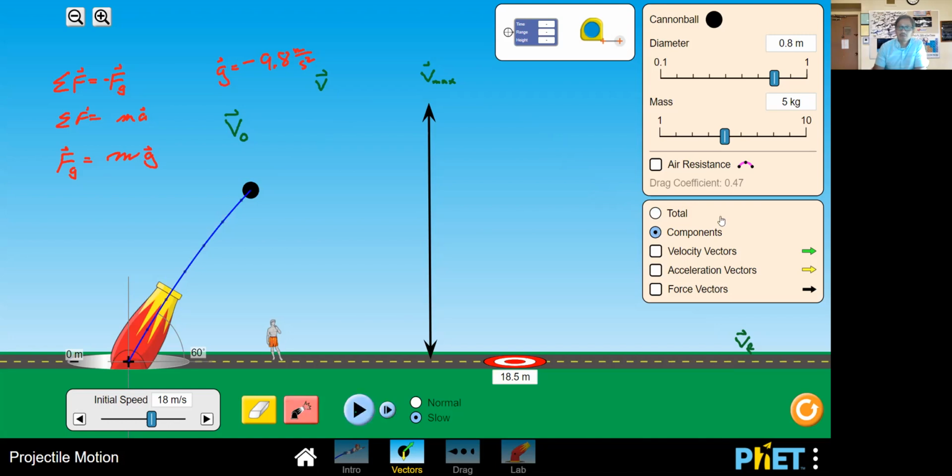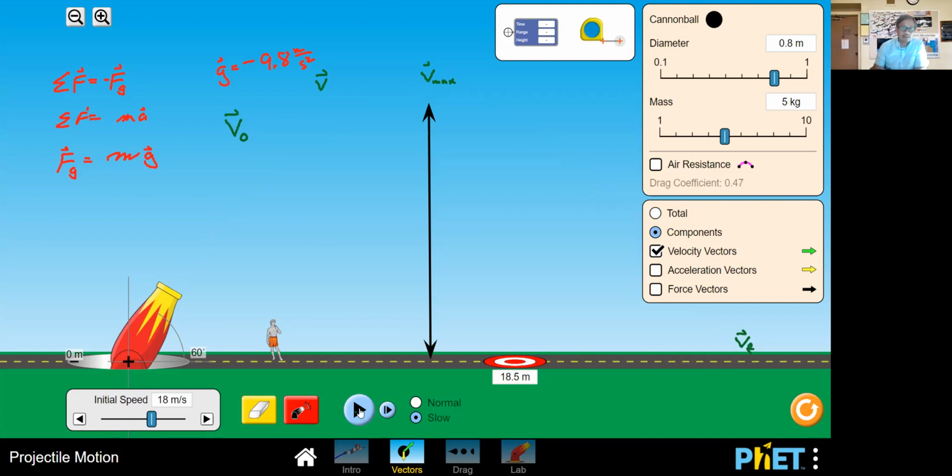Oh, what happened to our components? Oh, yeah, I'm sorry, there it is. Let me start that again. So we saw the velocity vector, the one arrow that was up and moving towards the right in the upward trajectory, and downward and towards the right in the downward trajectory.